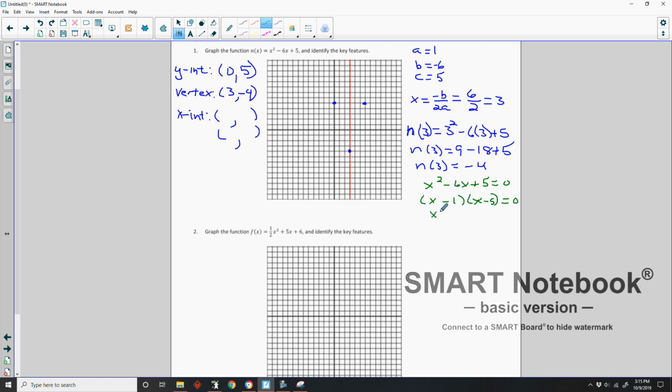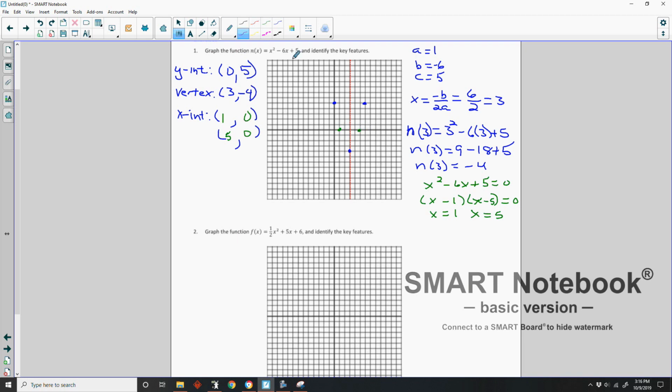So in this case, x equals 1 when we set each of these factors equal to 0, or x equals 5. So now I have my x equals 1 or my x equals 5, and obviously it's an x-intercept, so my y is 0. So I have the point 1 right here, and 5, which is right here.